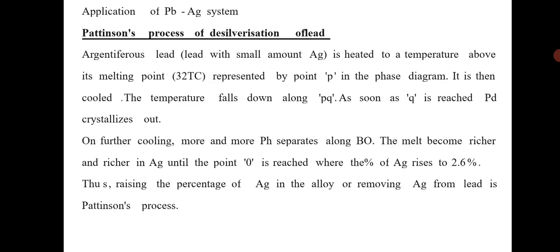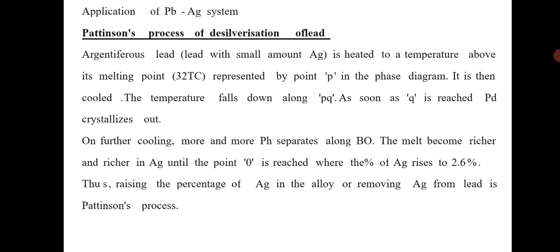Similarly, let us discuss the application of the process for the desilverization of argentiferous lead. Argentiferous lead contains a very small quantity of silver, approximately 0.1 percent, and is heated to a temperature above its melting point. Therefore, the system contains only one liquid phase, which is represented by the point P in the diagram. It is then allowed to cool. The temperature gradually falls along the line PQ.